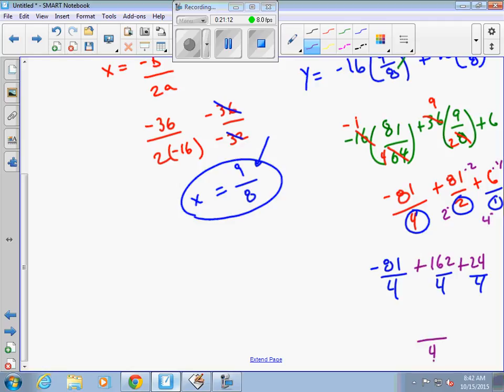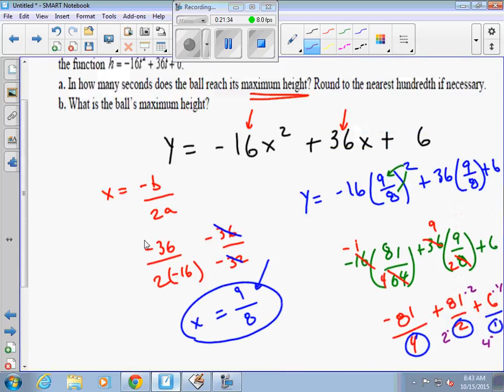When you add up -81, 162, and 24, you get 105. So we're still looking for the y value, which is going to be the height of this problem. 105 divided by 4 is going to be 26.25. So that creates your vertex at 26.25 feet.